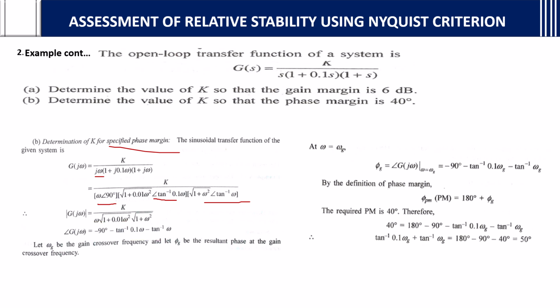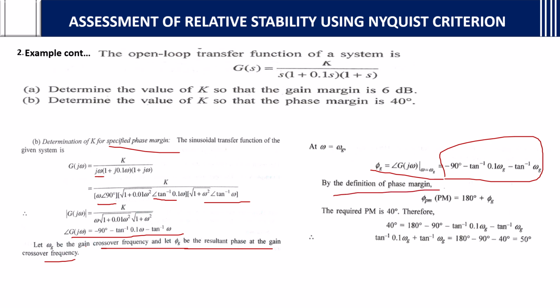Same as in the Bode plot. So let omega g be the gain crossover frequency and phi g be the resultant phase at the gain crossover frequency. So how will you find the resultant phase? By taking all these things.